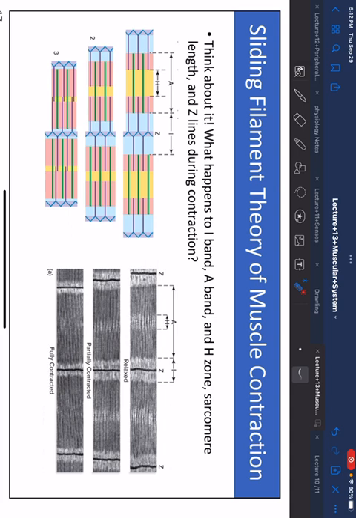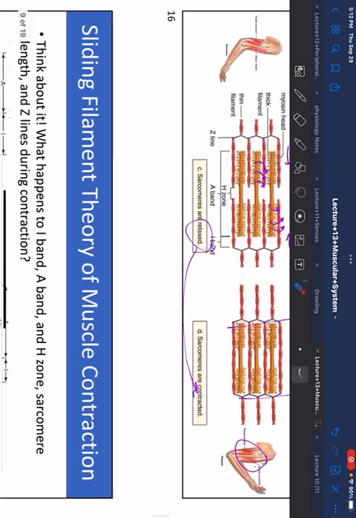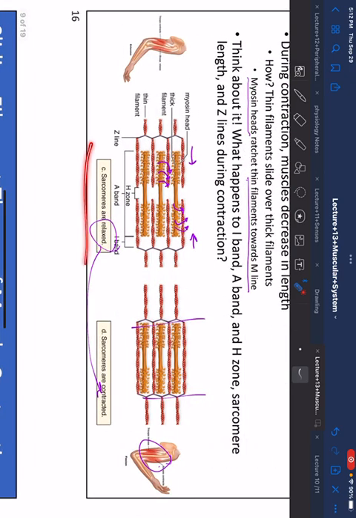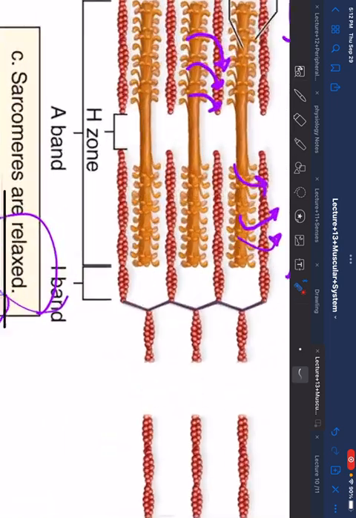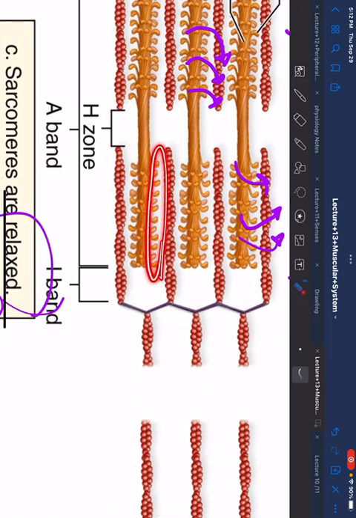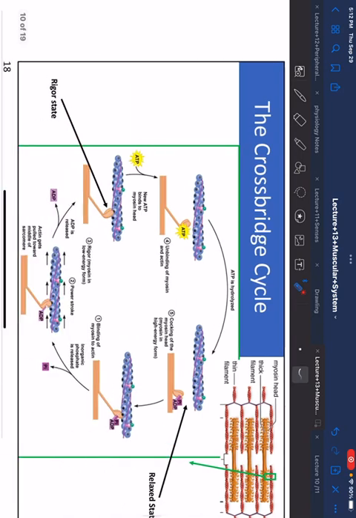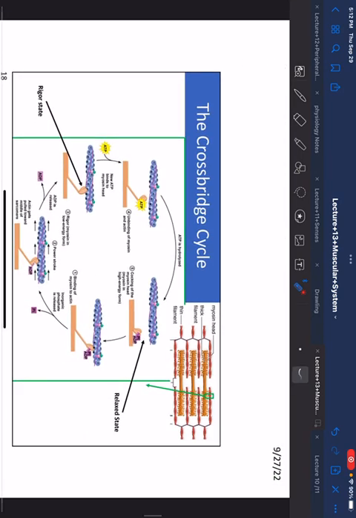So what pulls these thin filaments inward? It's the actions of these myosin heads. And we're going to look at that mechanism, and that mechanism is referred to as cross-bridge cycling. So let's draw this out on the iPad, and then later on we can summarize it using this diagram.